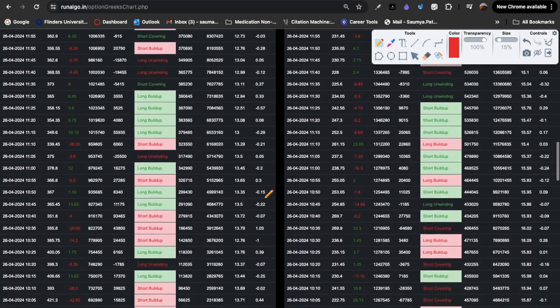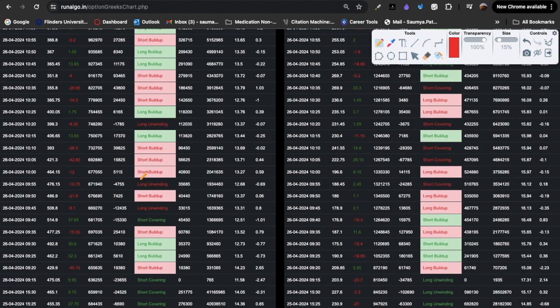If the IV is decreasing or if it's really flat and stable, we can conclude that the writer's activity that we have said is true. We can do the same for the put side.